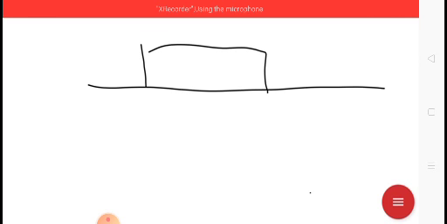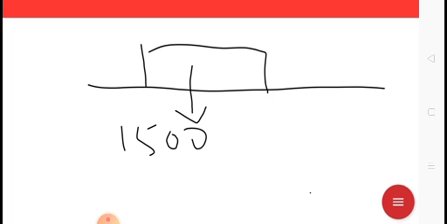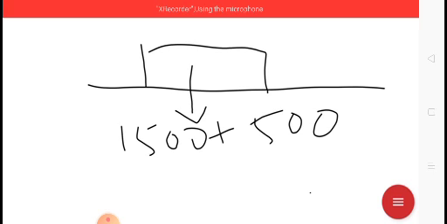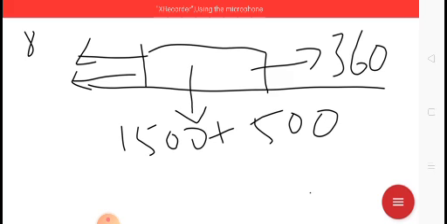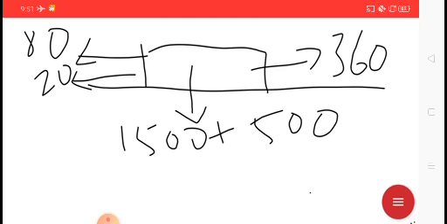Okay, so let's say we consider this as a total system. The total mass of the two items will be 1500 plus 500, right? And you have a driving force of 360. We just consider the external forces, and you have two resistances, one for each item, 80 and 20 behind.